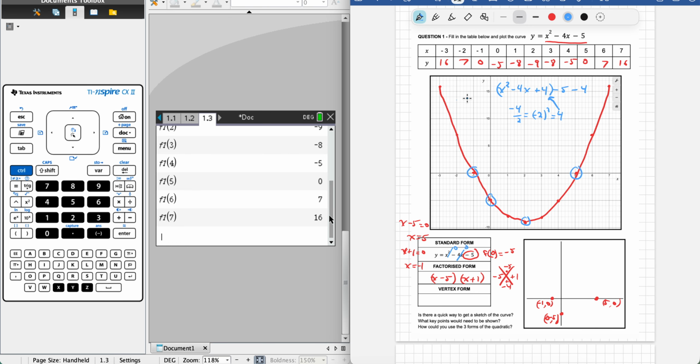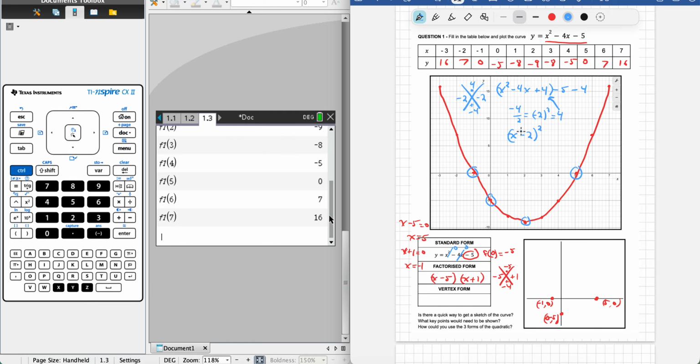Okay? So to complete the square, I need to take a look at what I have in parentheses here. I'm going to use my crossroads method and think what multiplies to positive 4 and adds to negative 4. Well, that's going to be negative 2 and negative 2. So I come over here and then I'll say x minus 2 whole squared.